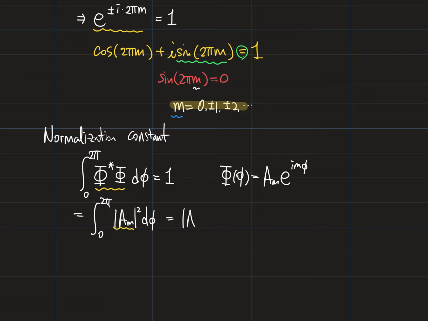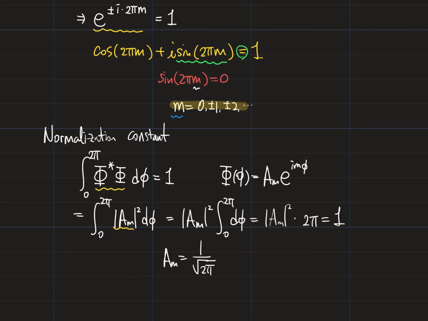So AM square integrated over dp, that means multiplied by 2 pi, should be equal to 1. So we can say that the normalization constant should be 1 over square root of 2 pi.